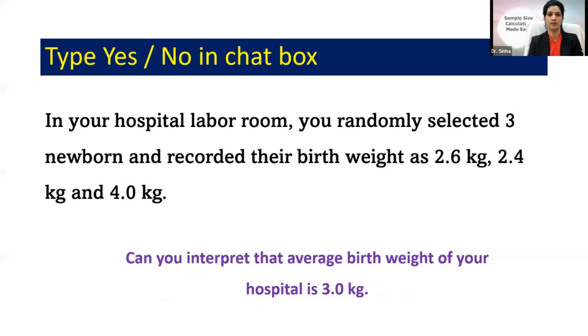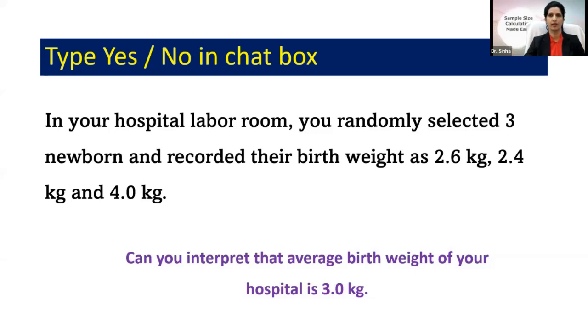Now see this question. In your hospital labor room, you randomly select newborns and record their birth weights as 2.6 kg, 2.4 kg and 4 kg. What is the average birth weight? Can you interpret that the average birth weight of your hospital is 3 kg?